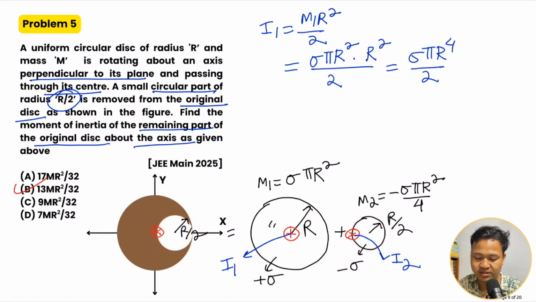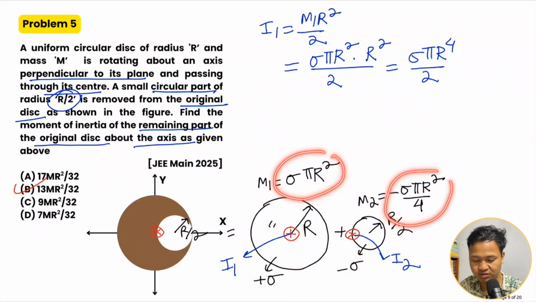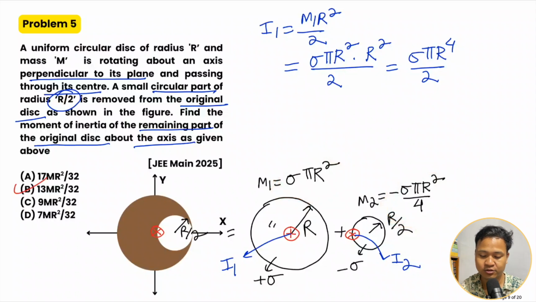From there I will find out m1 and m2. Sigma is mass divided by area, mass per unit area, therefore mass is equal to sigma into area. So here we write plus sigma for the original and minus sigma for the cavity: positive mass for the full disc and negative mass for the cavity.